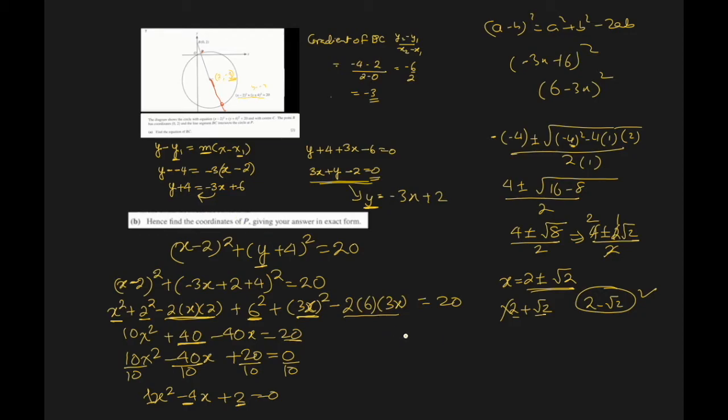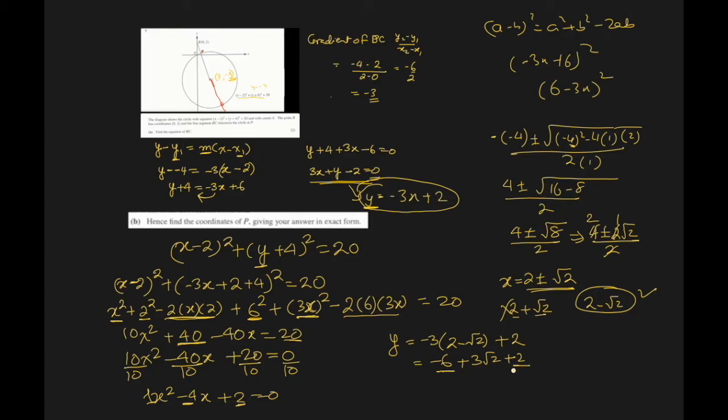So now we have to find the y coordinate, and for the y coordinate let's use the simpler one, which is a line. Let's use the line. So y equal to negative 3x, x is now 2 minus square root 2, plus 2. So what do we get here? Negative 6 plus 3 square root 2 plus 2.